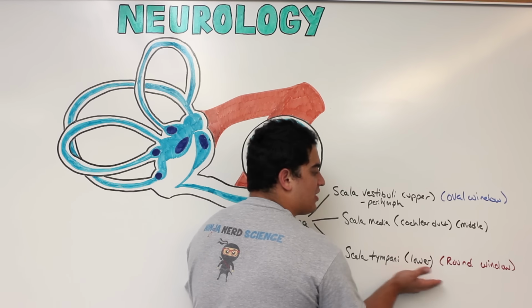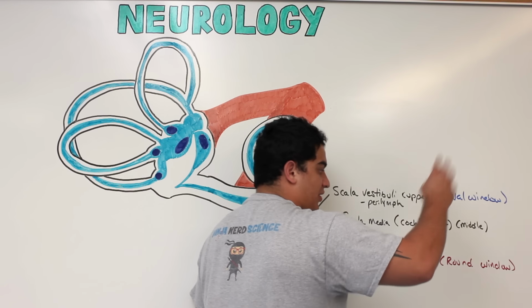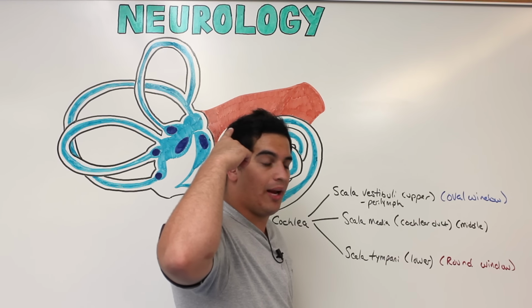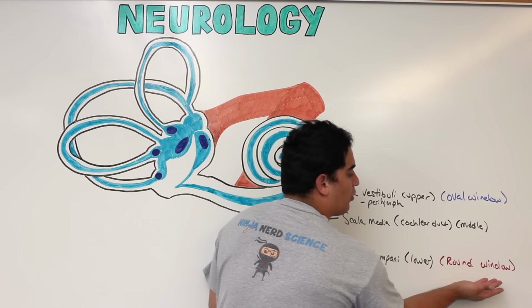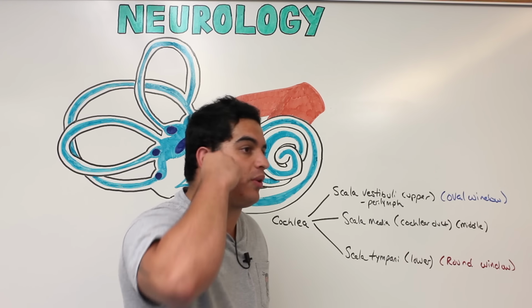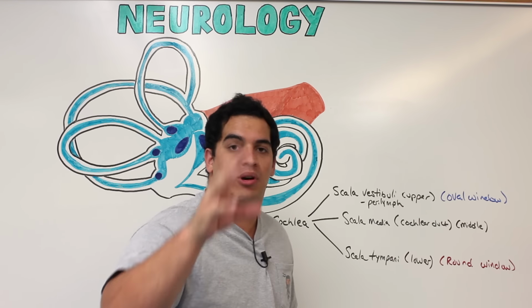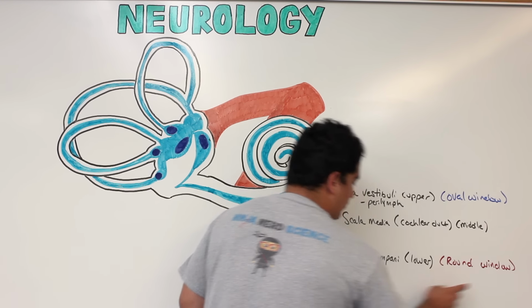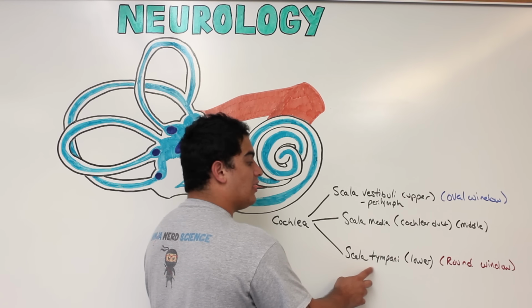Some of those sound waves can get lost or scattered throughout the inner ear. We don't want that because it can interrupt the action potentials going to the brain. So we want the round window to prevent the scattering of those sound waves into the different parts of the inner ear. The round window is really important, and that's located within the scala tympani.